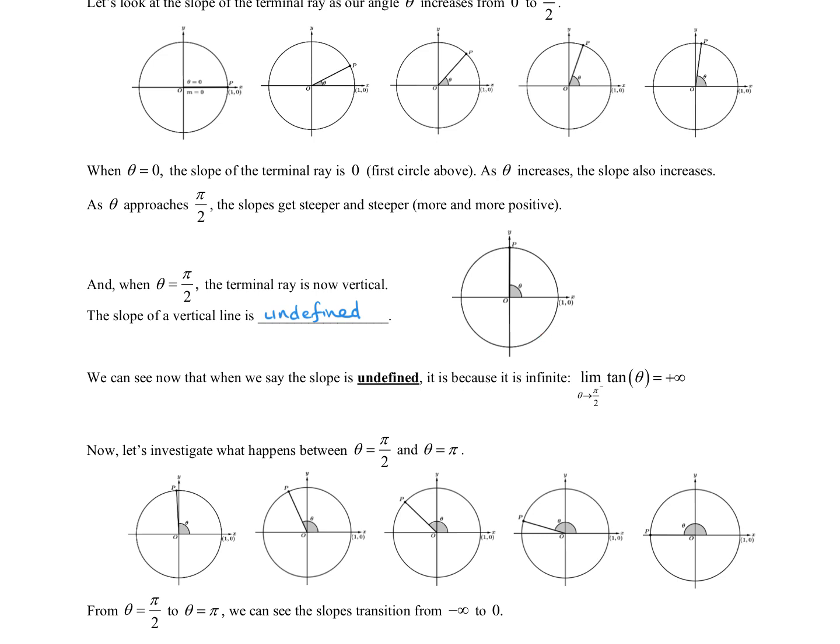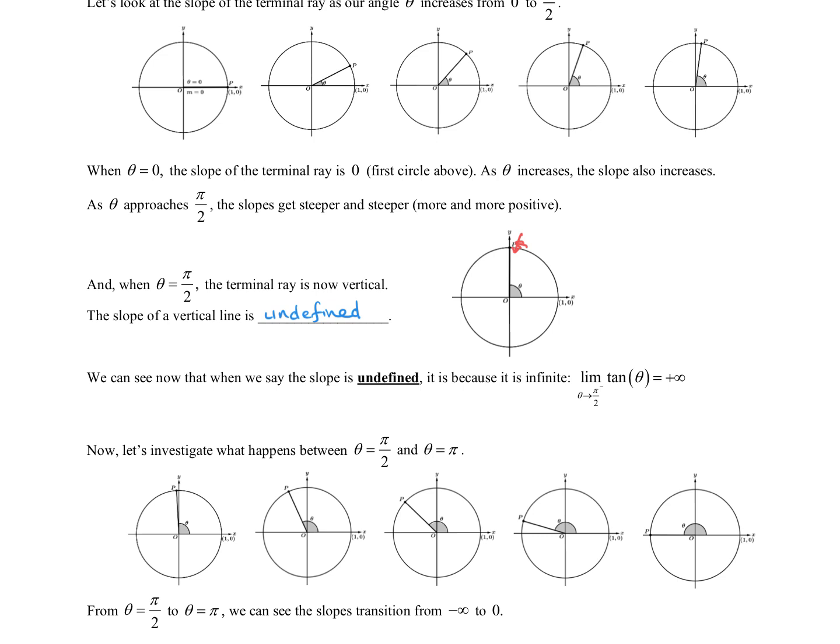When I approach from the left of pi over 2, it's actually from this direction. It's kind of what you would think of as your right, but it's the left because it's less than pi over 2. Does everybody follow how we did that? If I approach it from the left, or less than pi over 2, it's going to get really big. That's why we call this positive infinity.